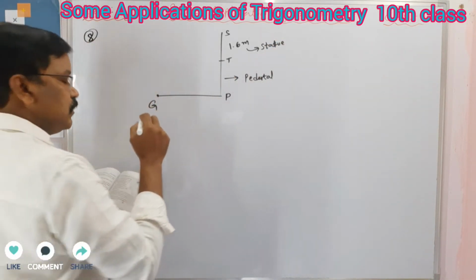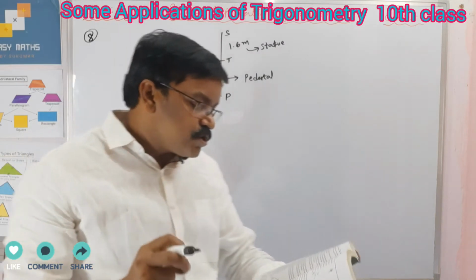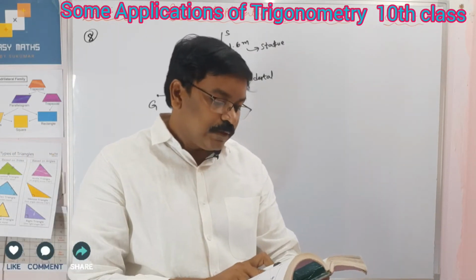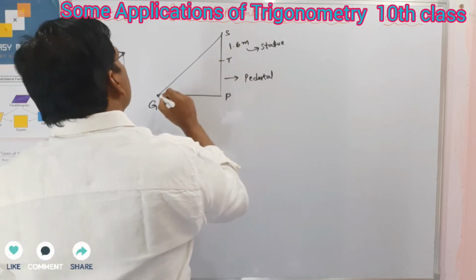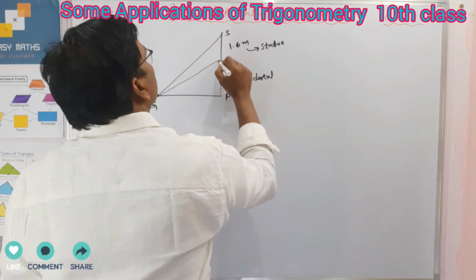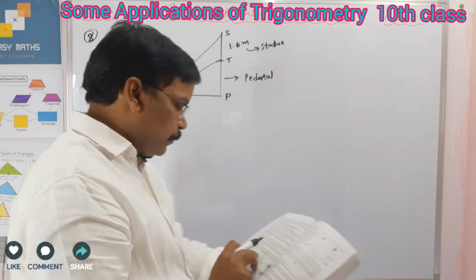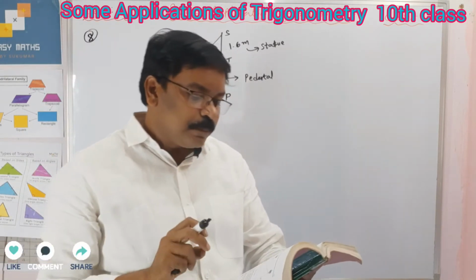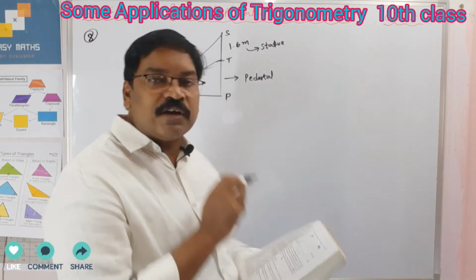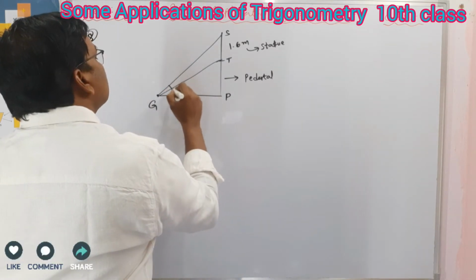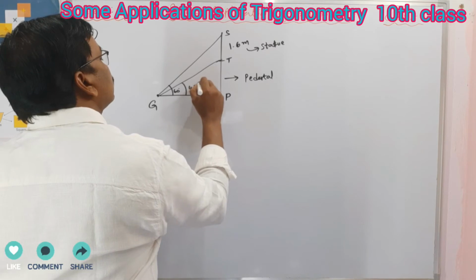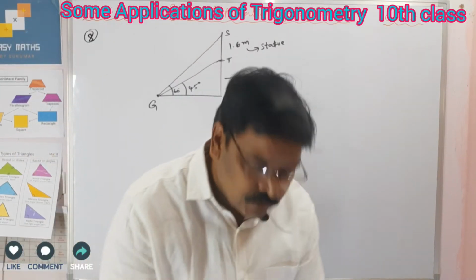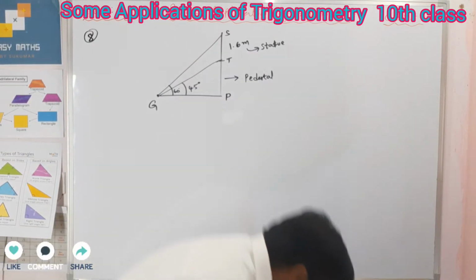From this point on the ground, the angle of elevation of the top of the statue is 60 degrees. From the same point, the angle of elevation of the top of the pedestal is 45 degrees. So this angle is actually 60 degrees, but this angle is 45 degrees. Okay. Understand?